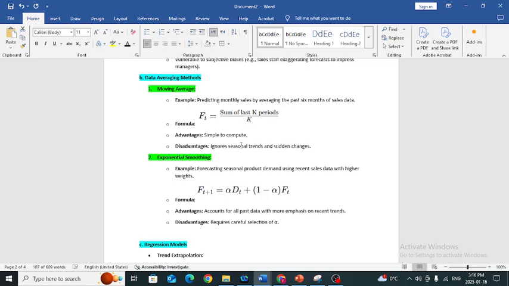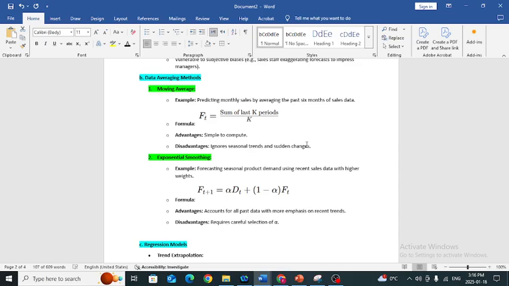The advantage of this averaging method is that it is very simple to compute and calculate. Most of the time many companies use it for the calculations they want for forecasting.